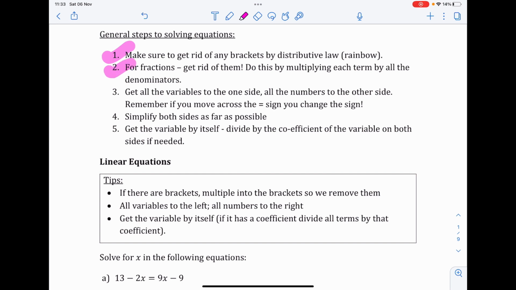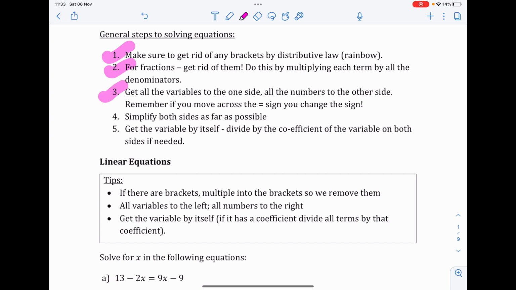And you also then want to get all the variables to one side and all the numbers to the other side. Preferably you want to get variables to the left and numbers to the right, but you can do it in reverse as well. Remember, when something moves across the equal sign, it changes its sign. So if it's positive, it will change to a negative if you've moved it across.